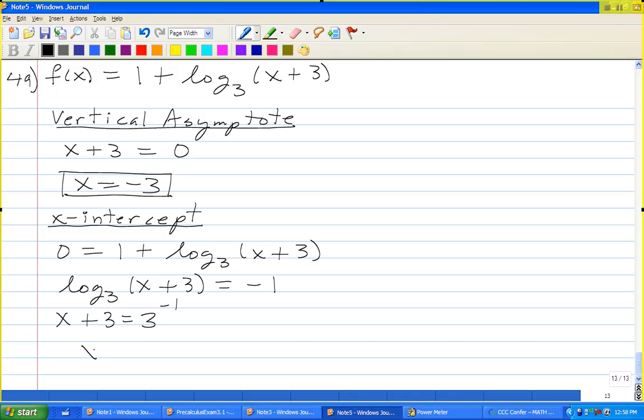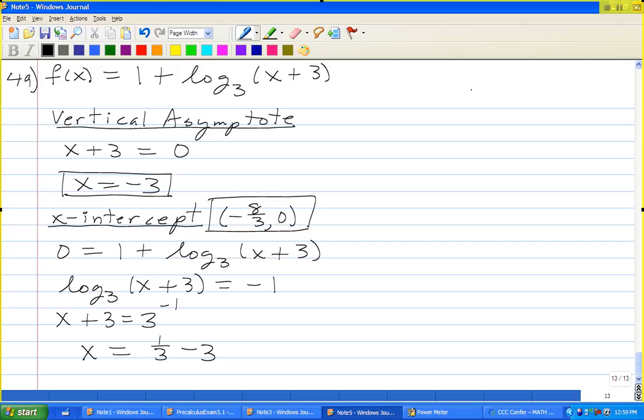Subtract 3 from both sides of your equation. And so I have 1/3 minus 3. And so the x-intercept is at 1/3 minus 9/3, which is (-8/3, 0).